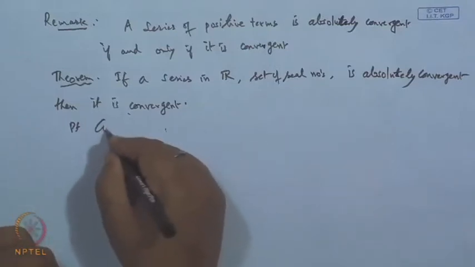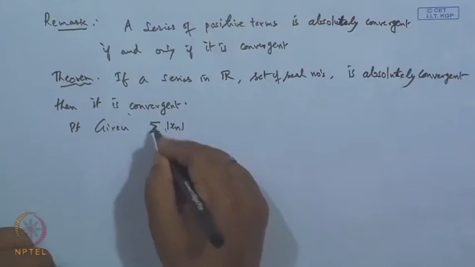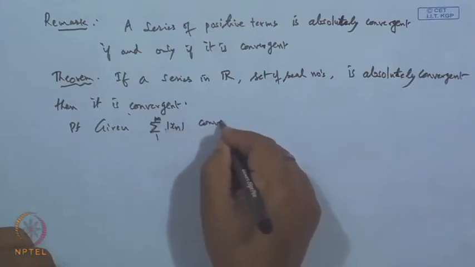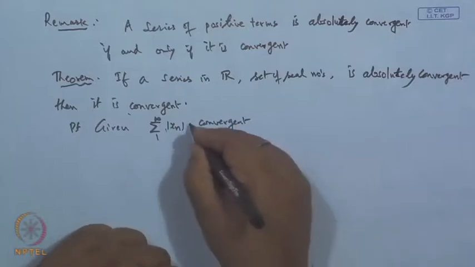So, given sigma of mod xn, n from 1 to infinity, is convergent.